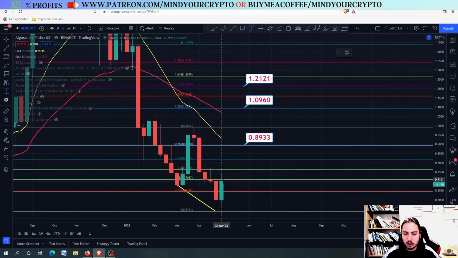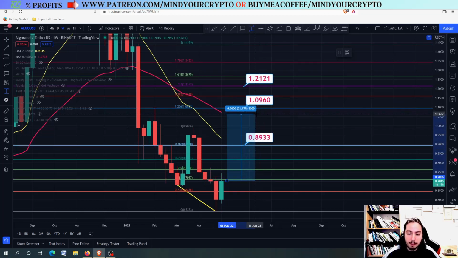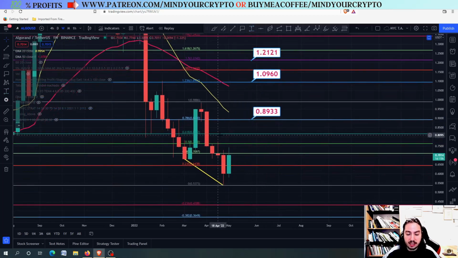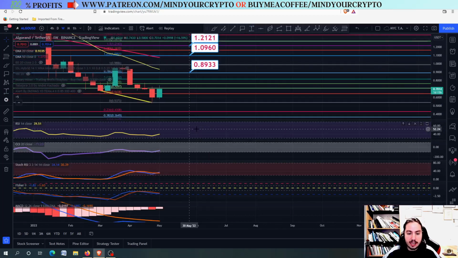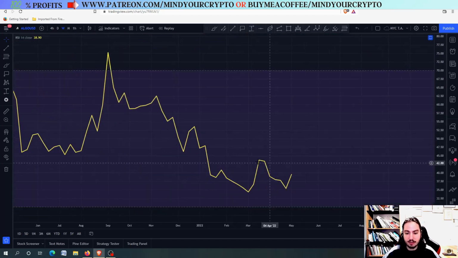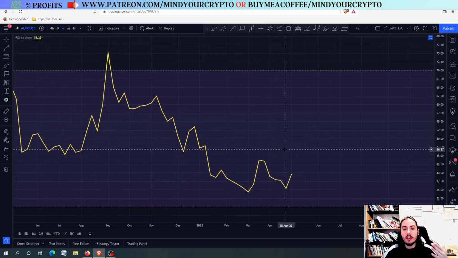Because you can see we are on the weekly frame and we are seeing the bullish RSI divergence on the weekly. This is a nice 26% pump. This is a nice 55 to 52% pump. You can check it out that Algorand could potentially be doing that. Of course, with the weekly bullish RSI divergence, you cannot predict what the pump is like, but it is usually more than 40%.